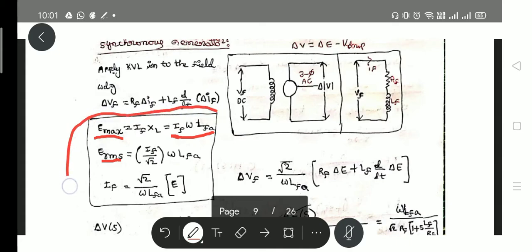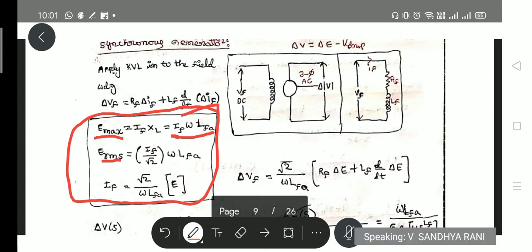We can remember this one: E max equals If into XL is the formula for the synchronous generator voltage, that is If into omega LFA. ERMS equals If by root 2 into omega LFA. From this If is equal to root 2 by omega LFA into E.